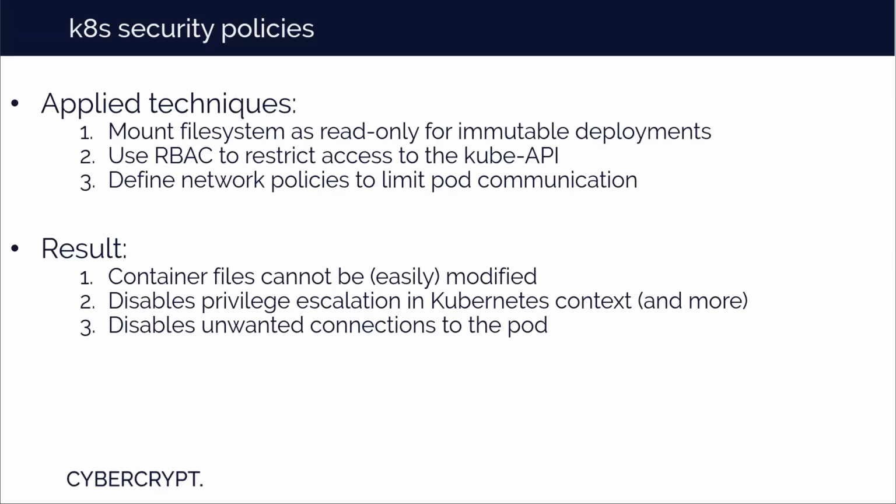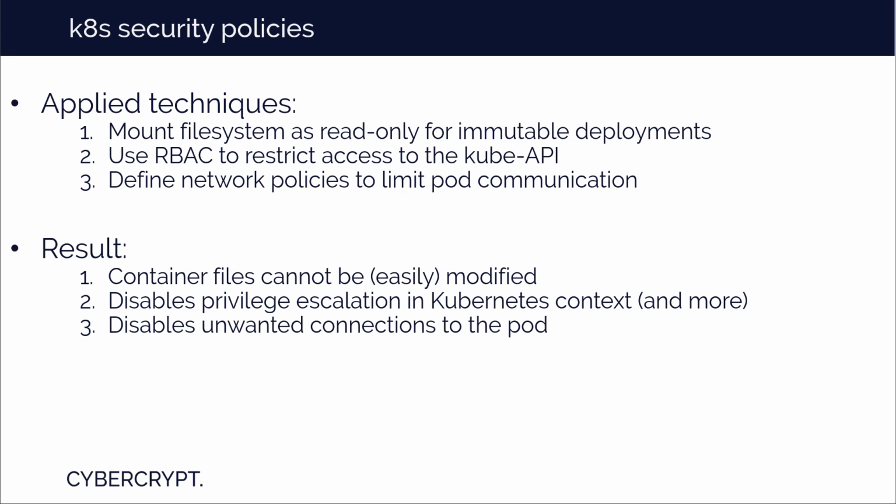All right, so let's just recap what we did quickly. We applied 3 security controls. We mounted the file system as read-only, and that prevented us from accessing some of the files. We fixed the broken RBAC, which is also an issue you see in a lot of deployments, which gives you the access to escalate your privileges.